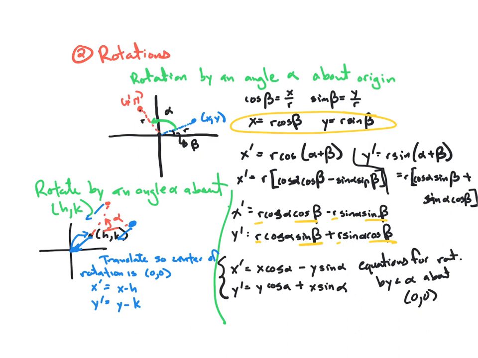Then we perform our rotation: rotate by alpha about the origin. Now we'll have x double prime. We'll take the image from the first step and plug it into the formulas we just found.